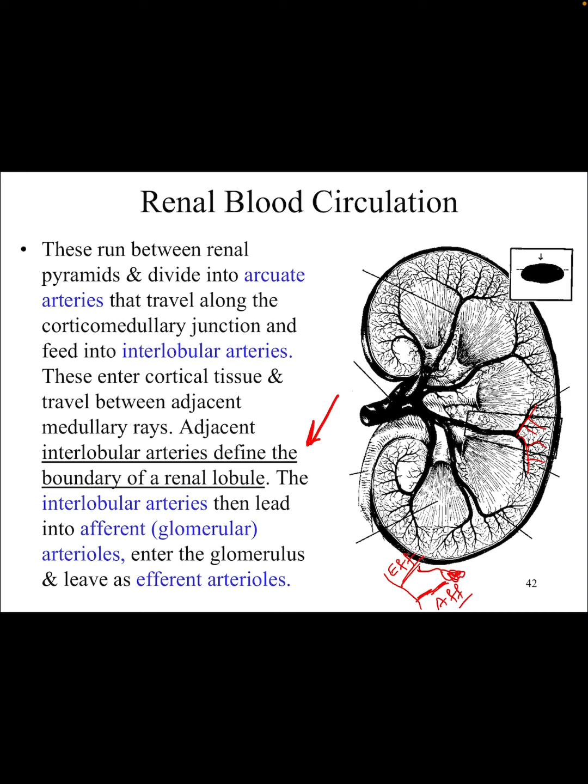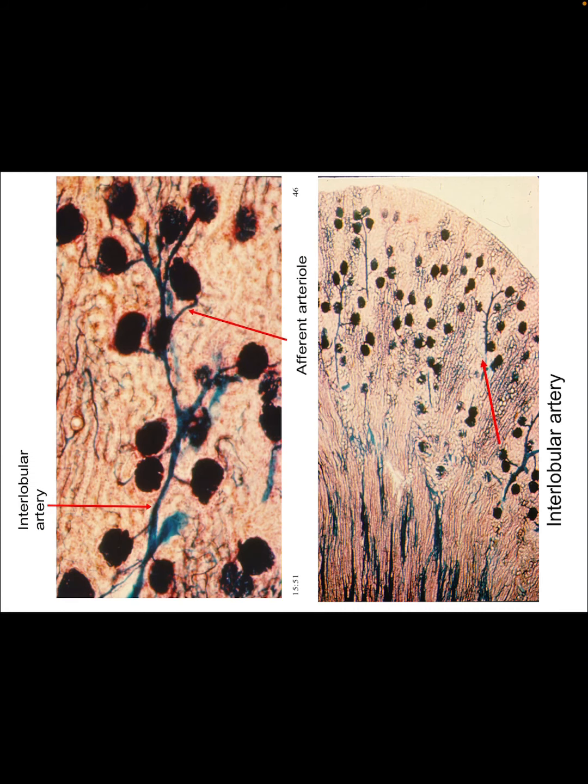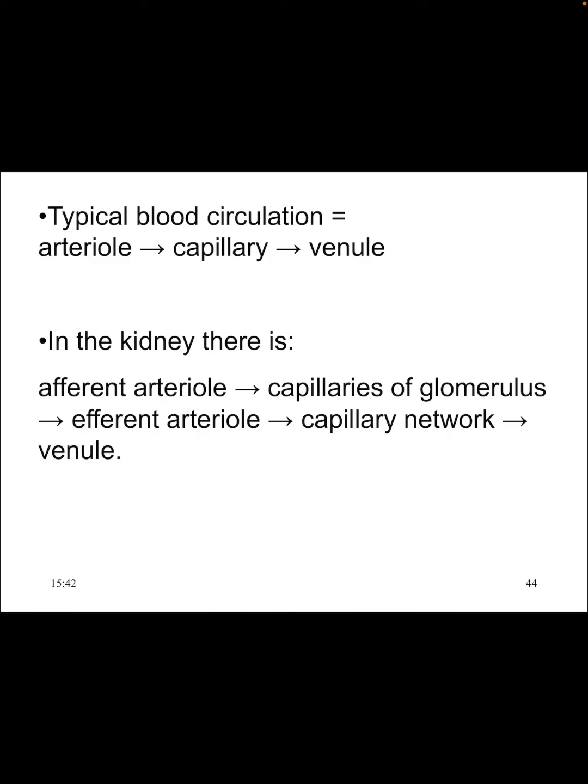From this efferent arteriole there will be blood capillaries, and then we go to the level of the post-capillary venules. See this one here? It's the interlobular, and from this one is the afferent arteriole, going inside the renal corpuscle to give us the glomerulus.